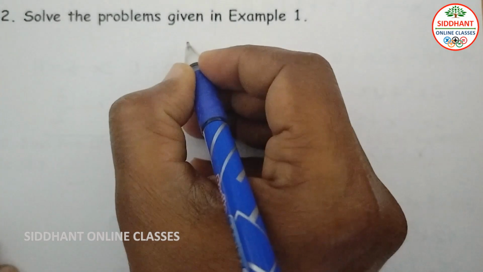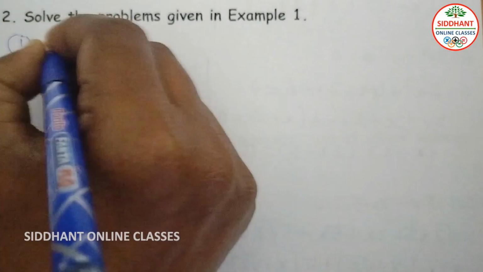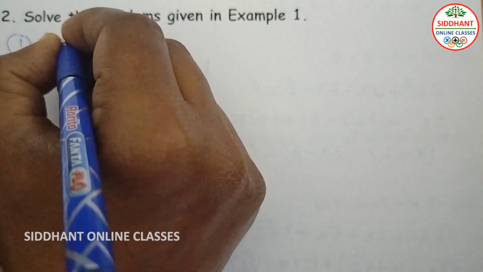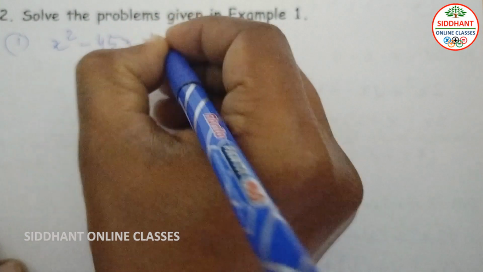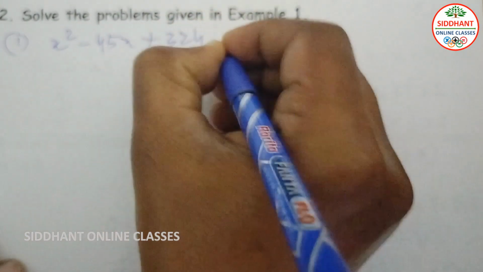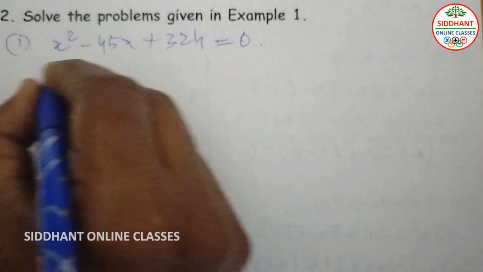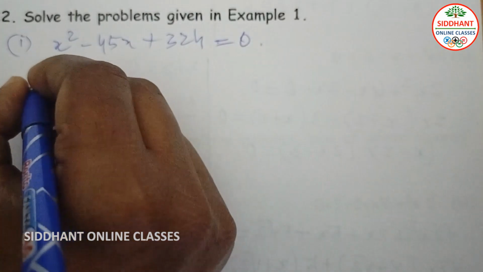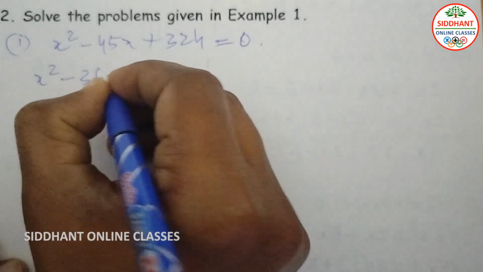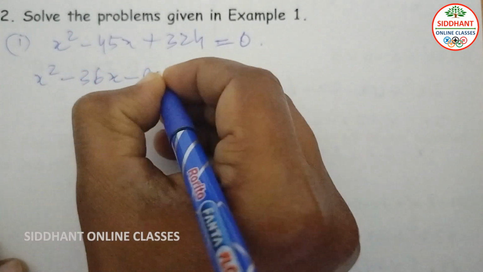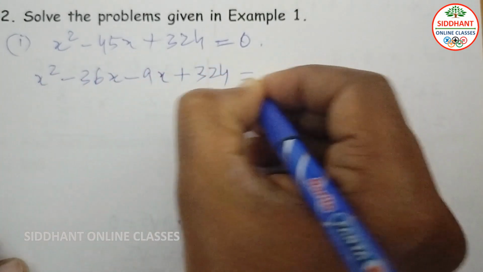Question number 2. Solve the problems given in example 1. So here in the first one, the question is x square minus 45x plus 324 equal to 0. So taking the roots, x square minus 36x minus 9x plus 324 equal to 0.